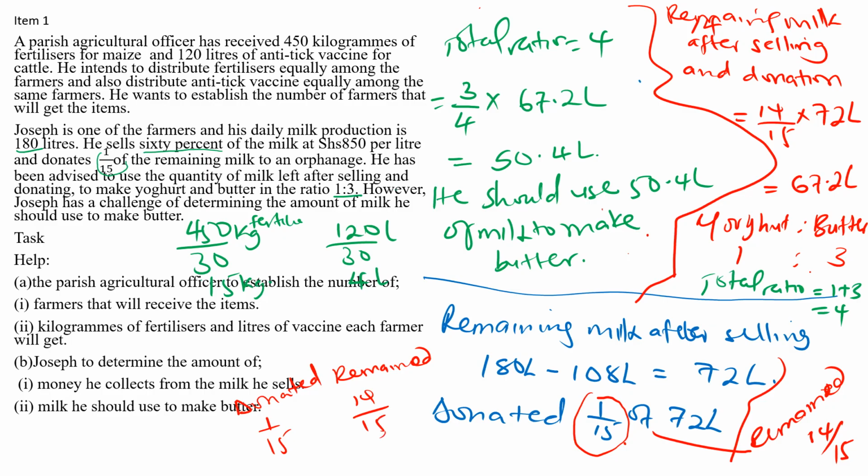Still both approaches work. But do not forget to give a conclusion always. So we say that you should use 50.4 liters to make butter.